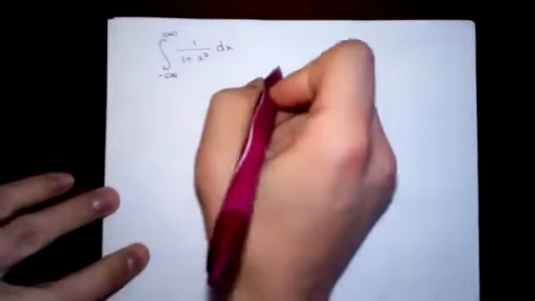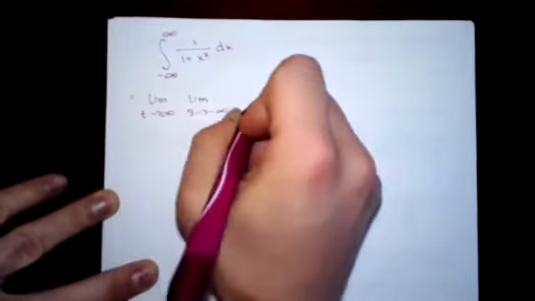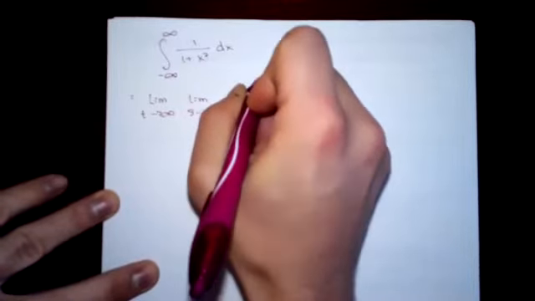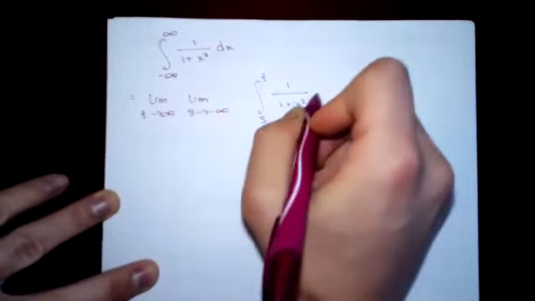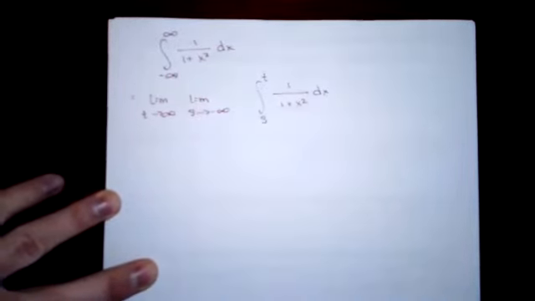So this one has 2 infinities. And to technically do it properly, what we would want to do is set this up as a double limit. We'll say the limit as t goes to infinity, and the limit as s goes to negative infinity, of the integral from s to t of 1 over 1 plus x squared dx.